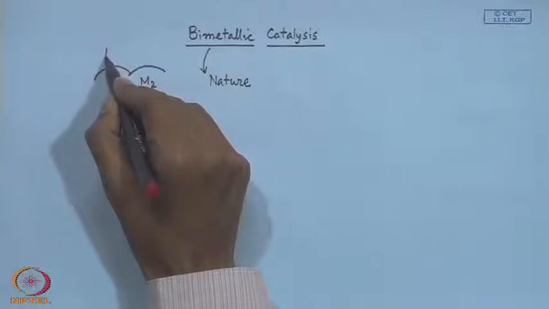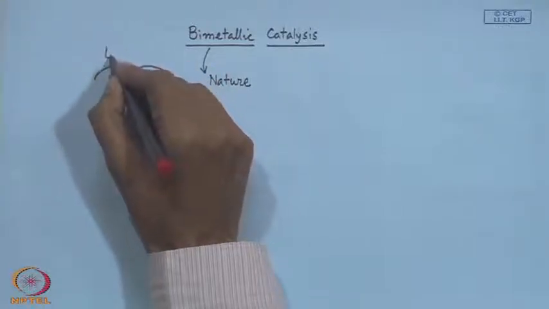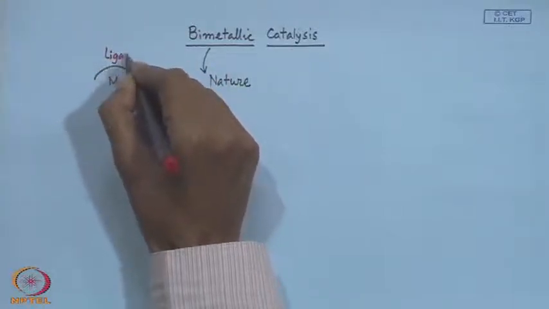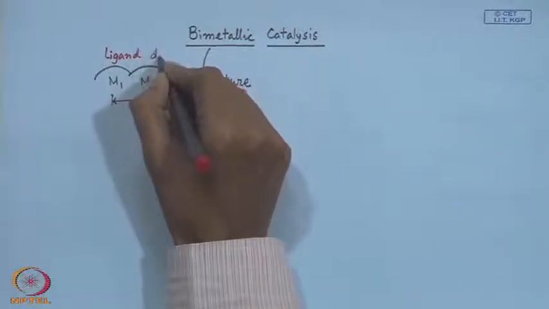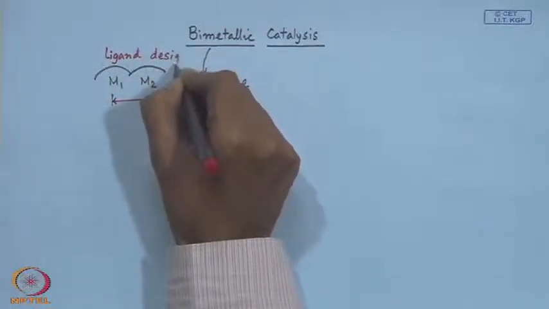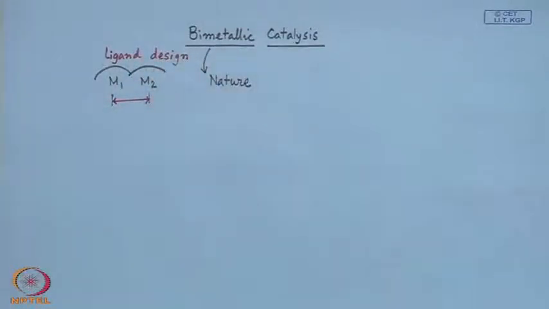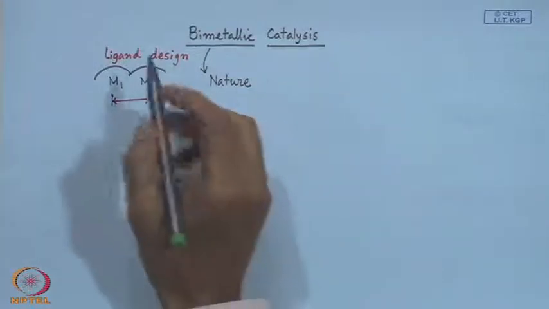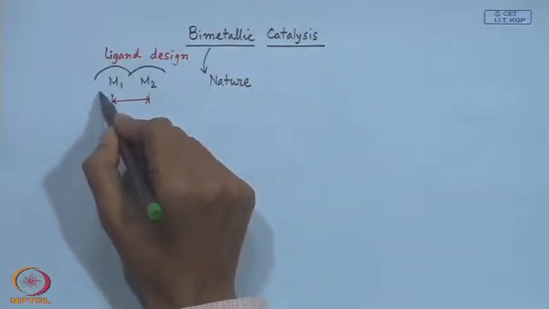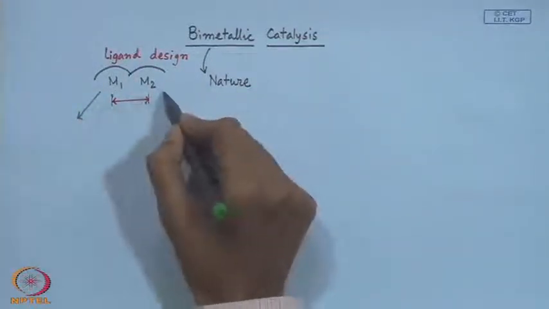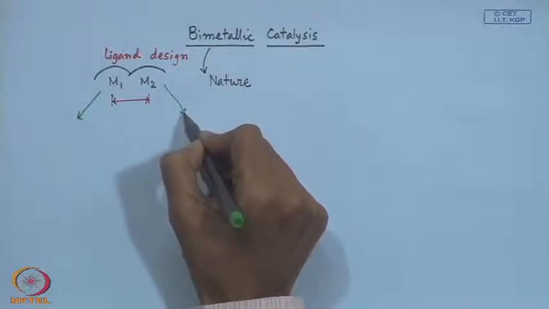So, this basically involves the ligand design, which is the most important part of this particular study. Ligand design means what particular type of ligand you can have, and you get basically two distinct pockets.